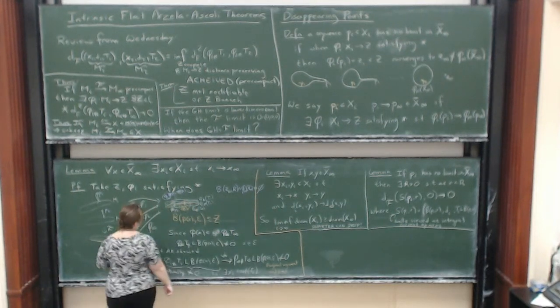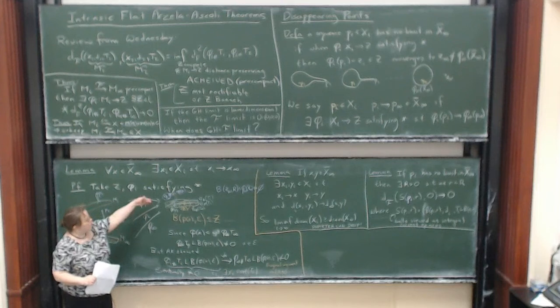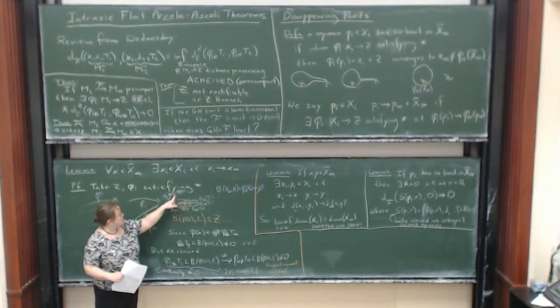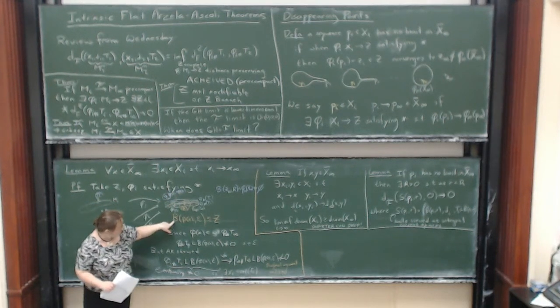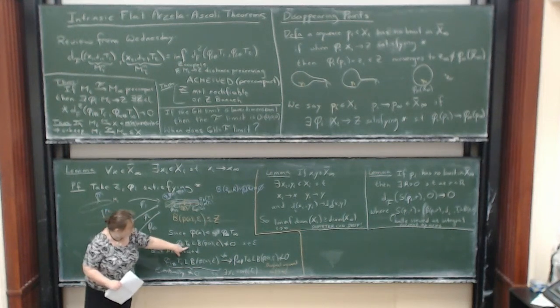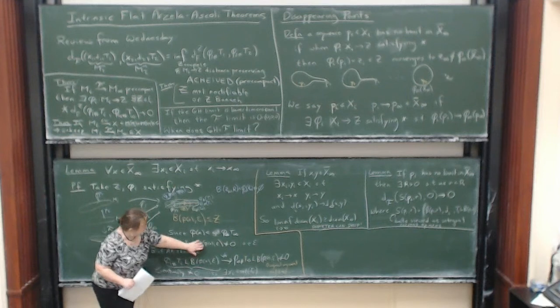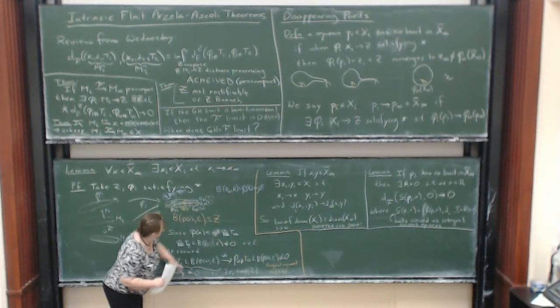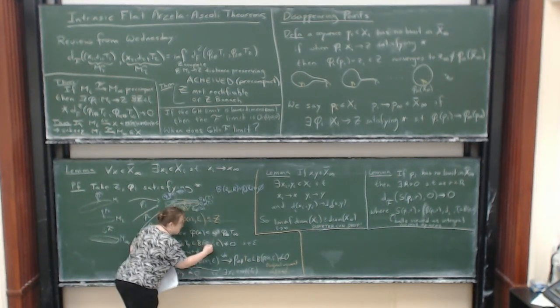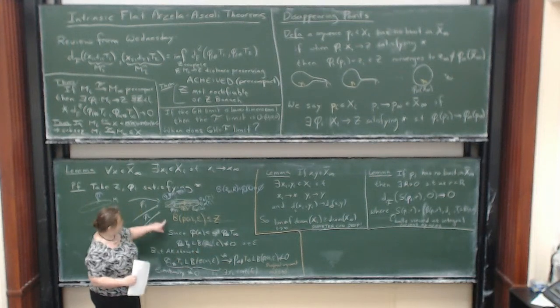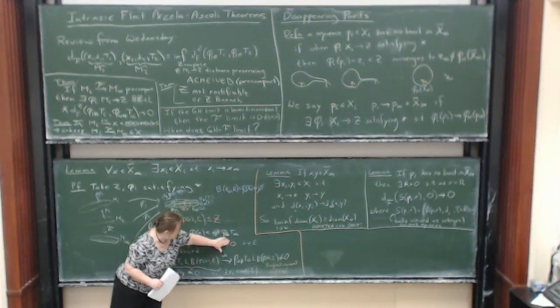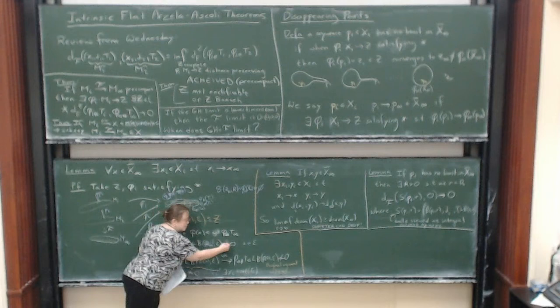And then you argue that none of these eventually land there, and you do the same thing here, where you look at phi infinity, T infinity of this, replacing it now with z infinity. So this is 0, right?